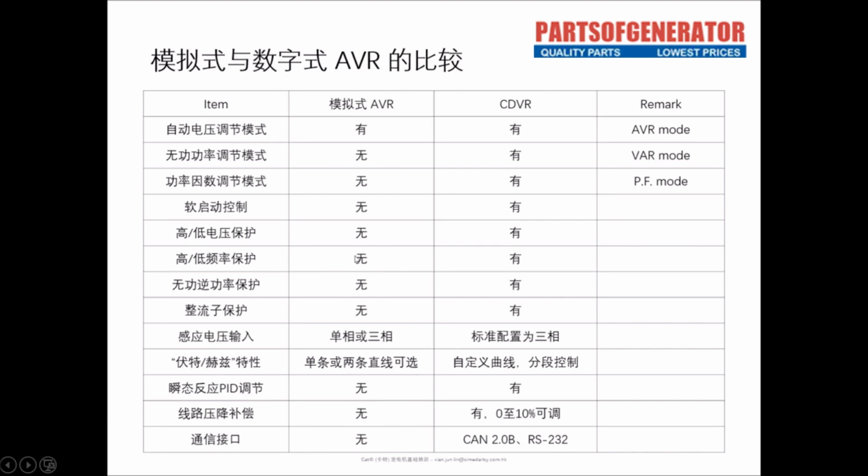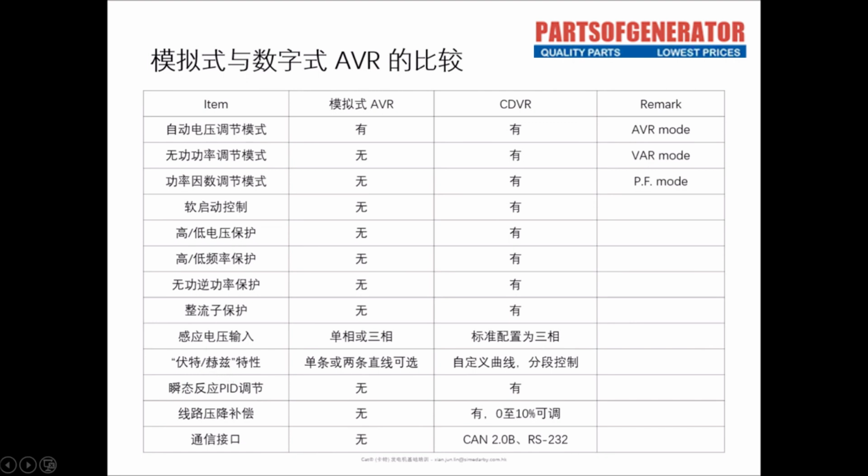Soft start means that we let the voltage slowly build up, so that the process of voltage increase is completely under our control. The analog method cannot achieve this, but we can achieve soft start with the digital method. For example, we can let it rise to the rated voltage in 5 seconds.